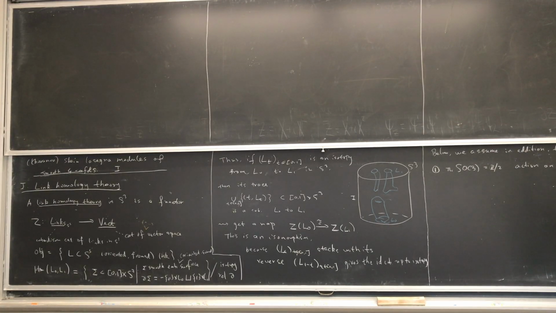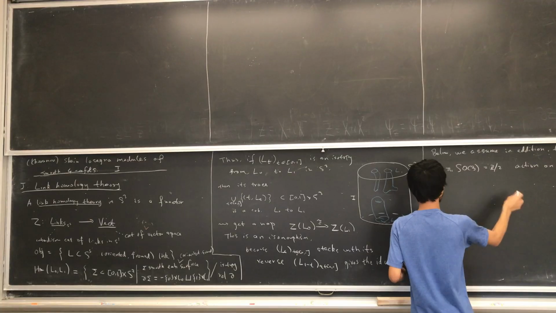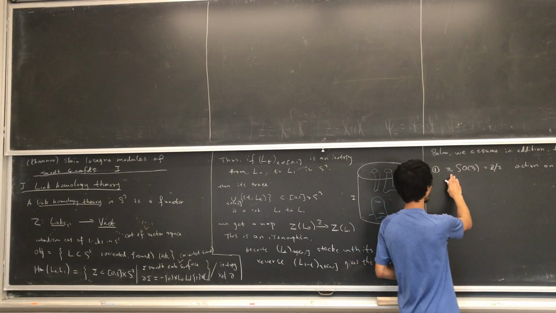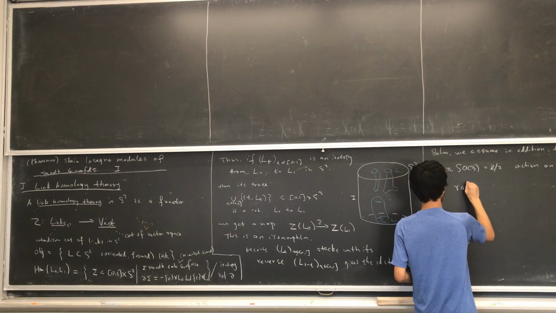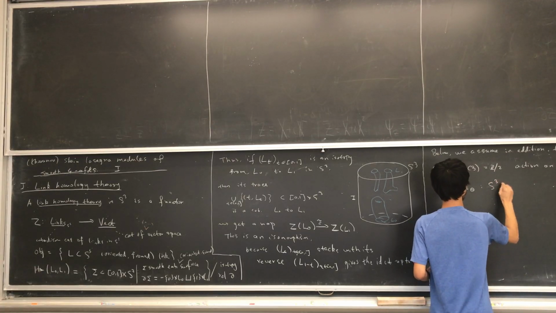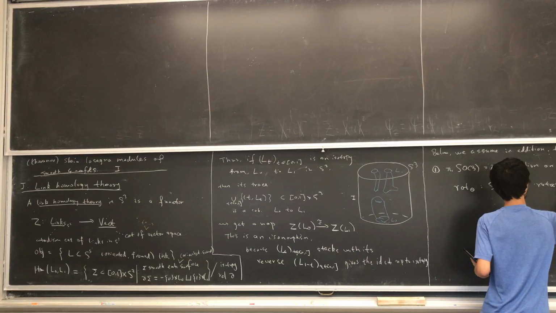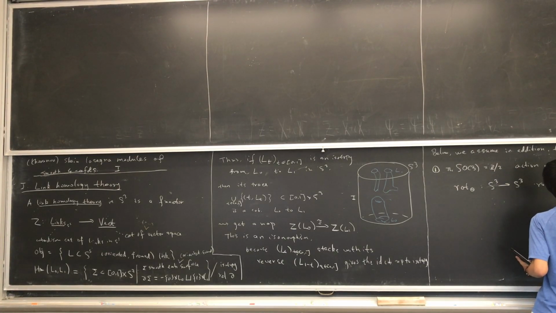What does this mean? Well, SO(3) acts on the 3-sphere by rotation. Well, maybe more concretely, a generator of pi_1 of SO(3) is given by rotation by some theta, going from S^3 to S^3, rotation by theta along some axis.